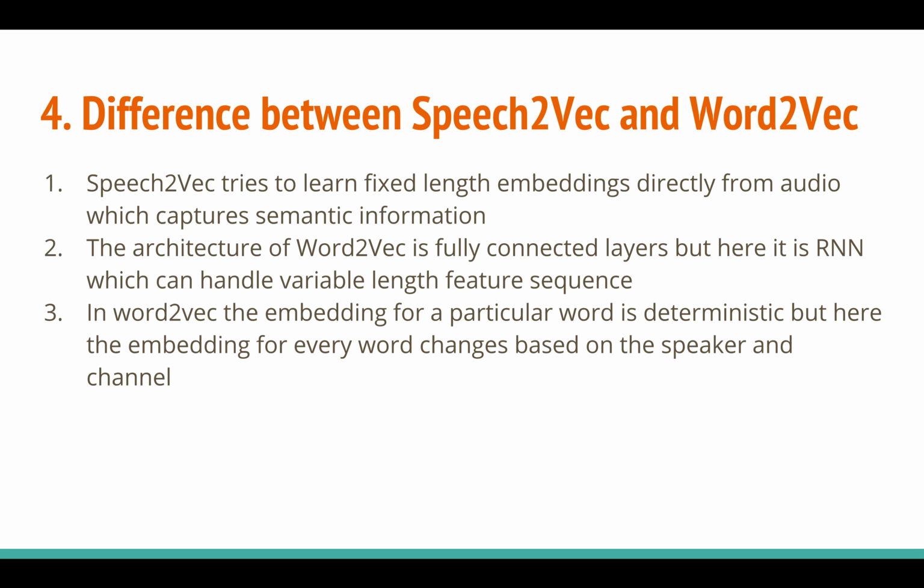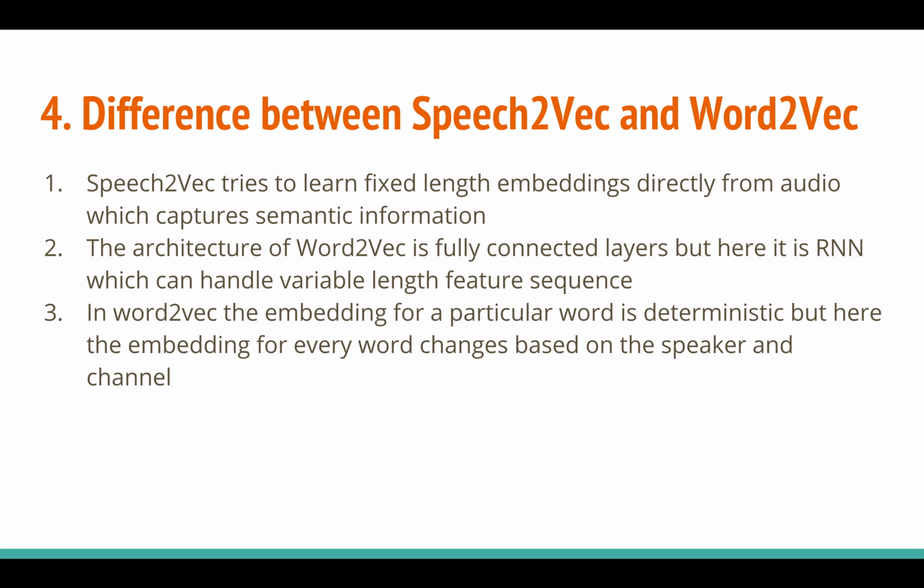But in speech it does not work like that. Let's take a word like drum, which can be spoken by multiple people. If I speak the word drum, it sounds different because the voice characteristics of the person are different, which is speaker information. If someone else says the word drum, his voice characteristics are different.